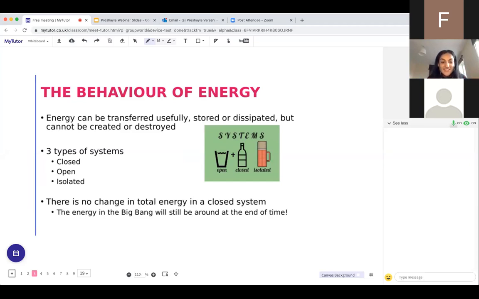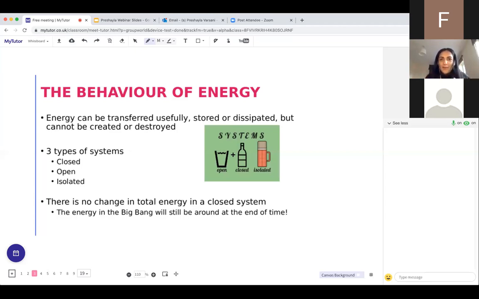So an open system loses energy very easily. A closed system keeps all of that energy in. Okay, it might lose some to the walls of the bottle, but it keeps all that energy in. An isolated system doesn't let any energy out or any energy in. Okay, so it's keeping it warm, it's a flask, it's keeping all that energy in.